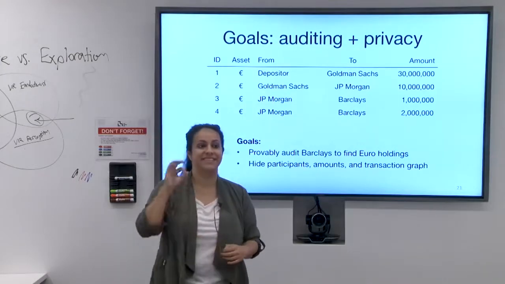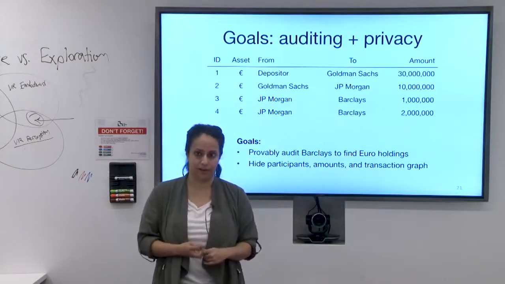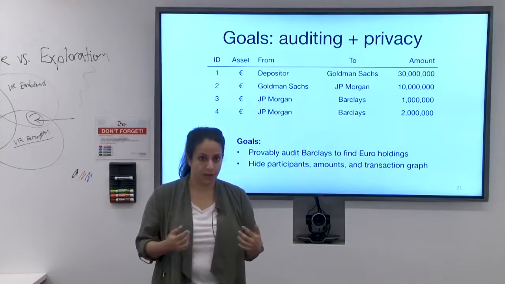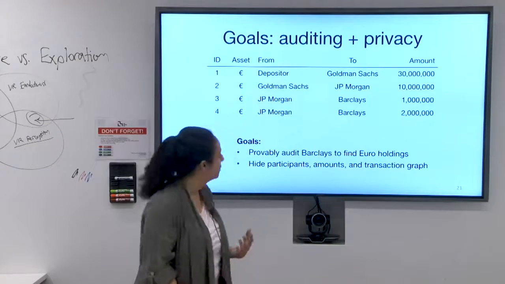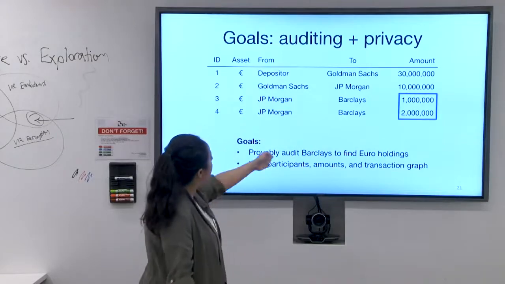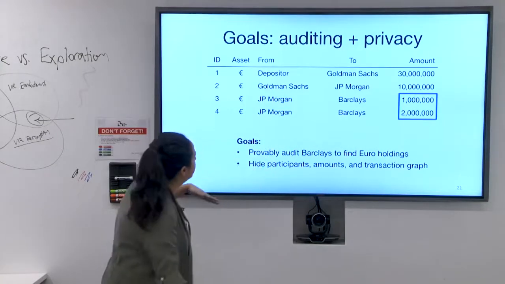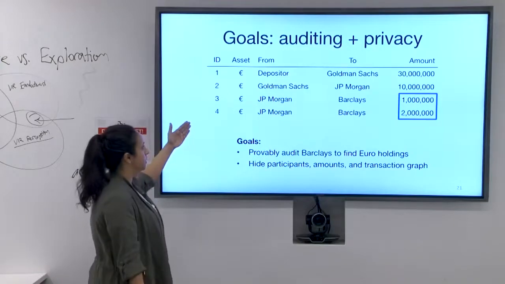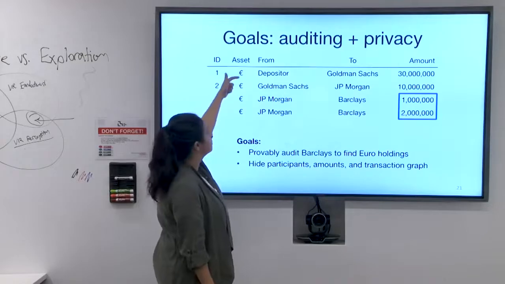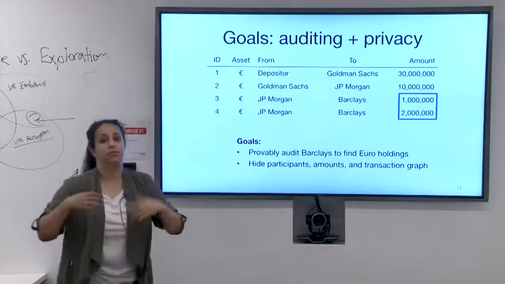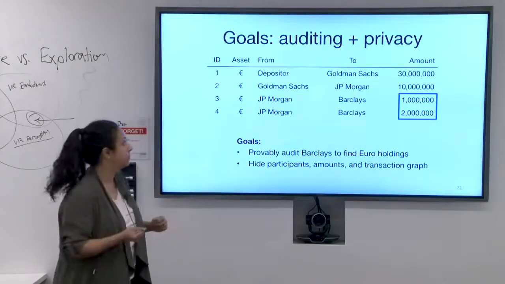Confidential transactions does not hide the transaction graph. It hides the amounts, but you can tell the source of the funds. So here, the money that Barclays got, if we were trying to attain privacy in the system, the fact that Goldman Sachs got euros, and Goldman Sachs is the only company that got euros, is public because depositor transactions are public.